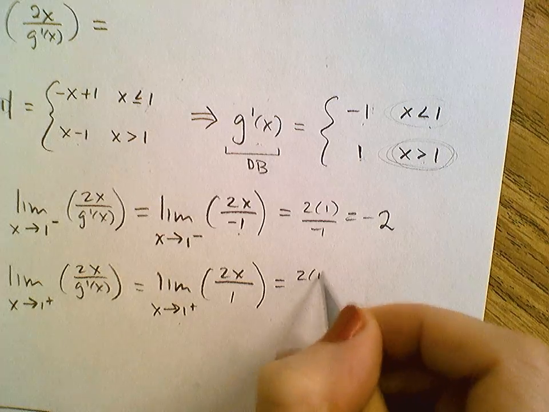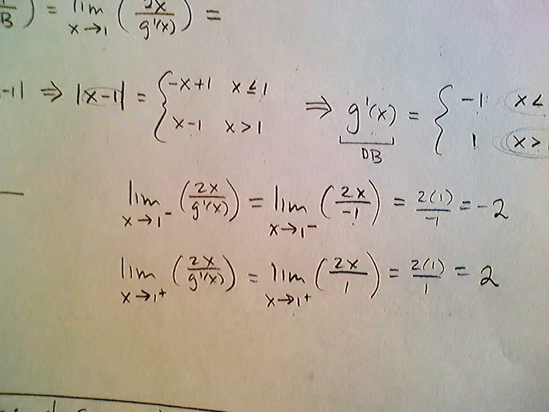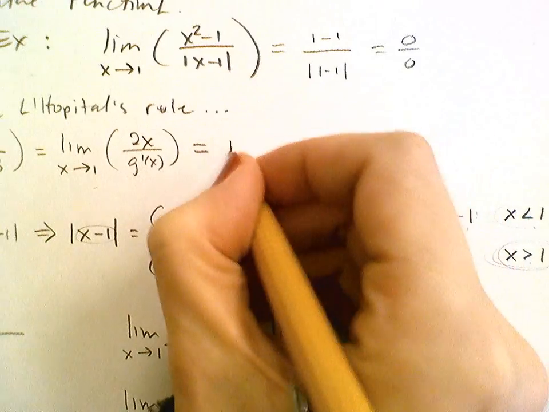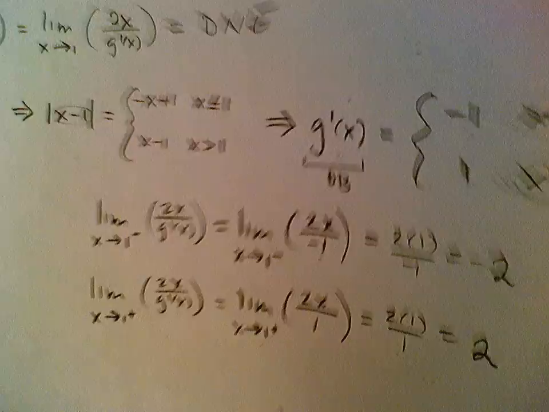We end up with 2 times 1 over 1, which is positive 2. Guys, the limit does not exist. So back up here, it does not exist, because of all of that.